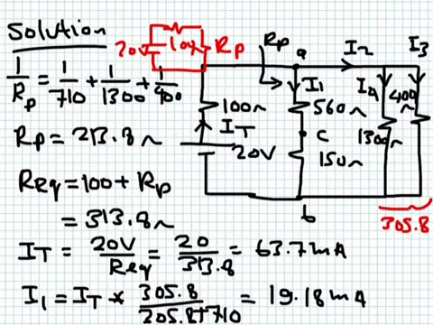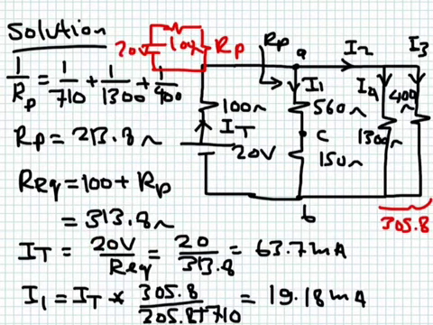Okay, so what is happening now is that the total resistance seen by this source is 100 ohm plus RB, which is 213.8. So remember, the source, between these 2 points, sees 100 plus RB. Okay, so you sum 100 to RB, you get 313.8 ohm.